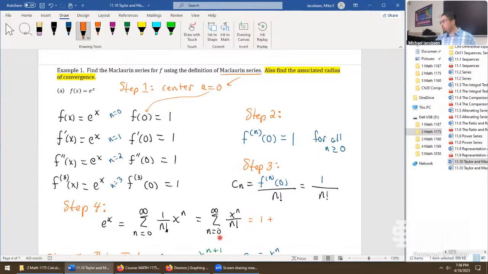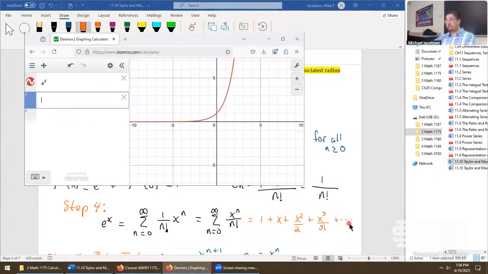When n is 1, we get x. N is 2, we get x squared over 2. At 3, we get x cubed over, we might as well use factorials now, 3 factorial, and so on. So we can't put in infinitely many terms, so that plus dot dot dot will go away eventually. But let's put in the terms and see what we get.